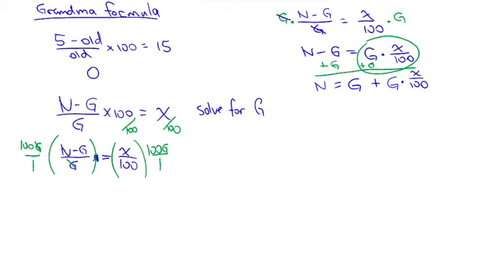Little more algebra technique. What's 2x plus 3x? 5x. Why? Because it's the same variable. Like terms, same variables.